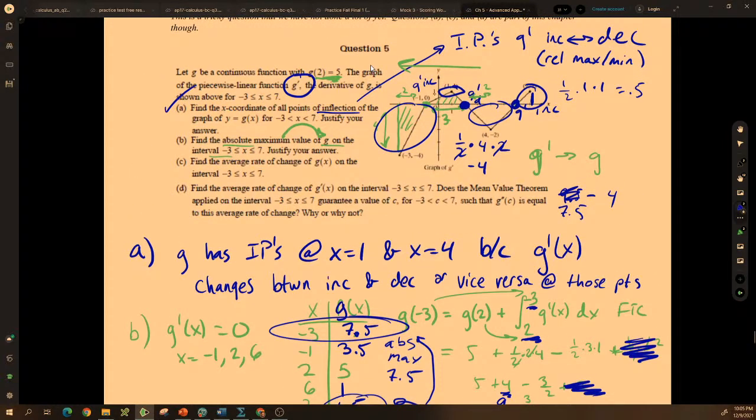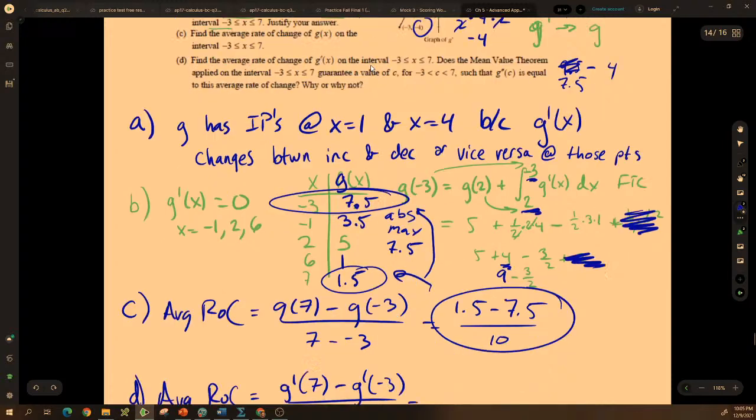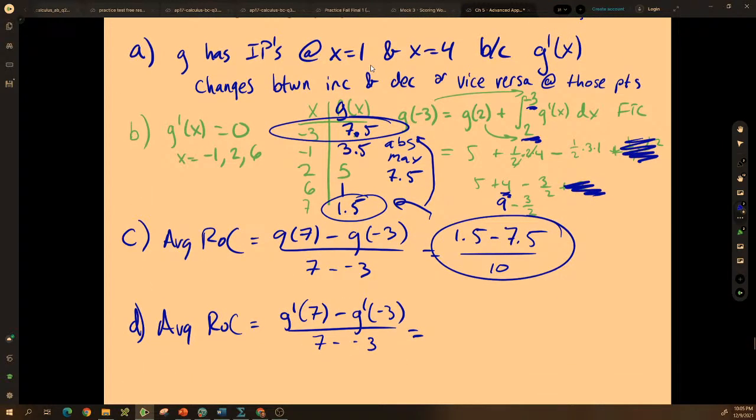So I'm going to clean up this graph a little bit if I can. G prime of 7 is the y value at 7, which is 1. And g prime of negative 3 is the y value there, which is negative 4. This is going to be 1 minus negative 4 over 10. That's 5 over 10, which is 1/2.